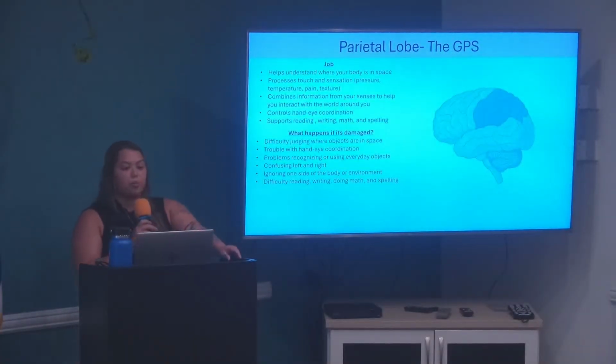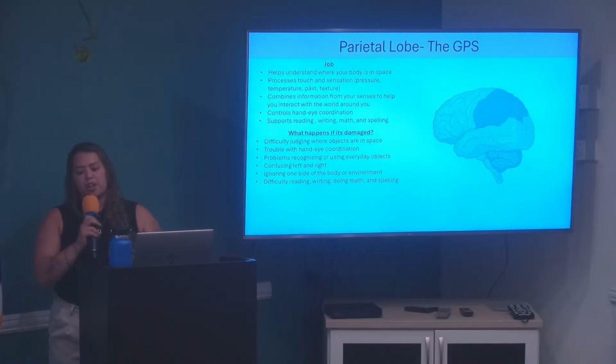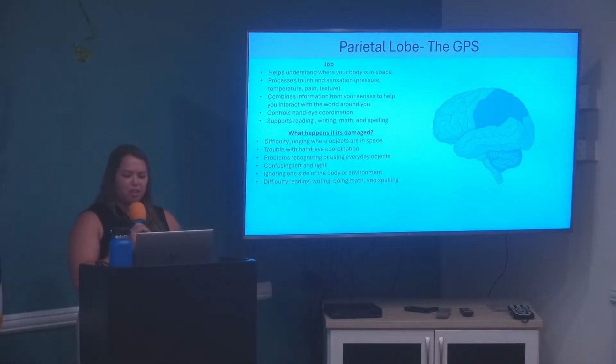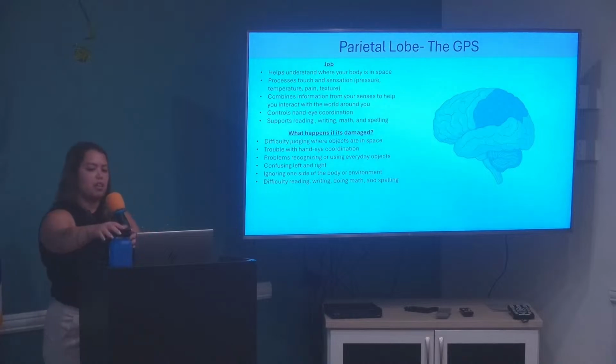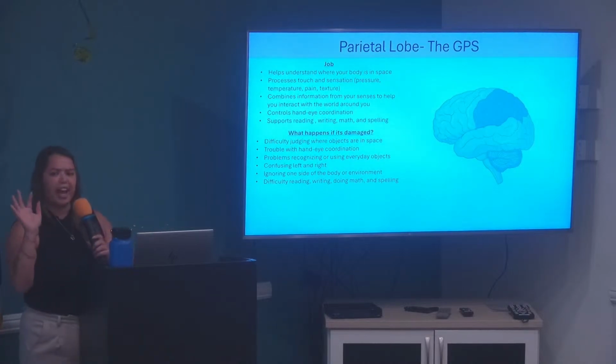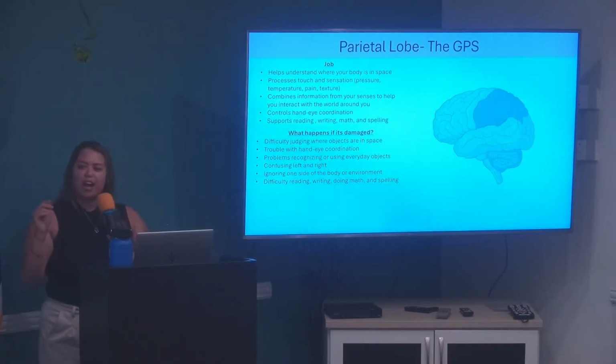Damage here, so all of these things kind of start getting a little janky, right? So you have difficulty judging where objects are. You know, you're bumping into things, maybe you're falling a little more, you're tripping a little more. Sometimes if you touch something, and, has anyone burnt their hand before cooking or anything, right? And it kind of feels dull after.